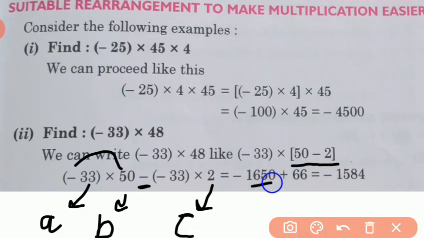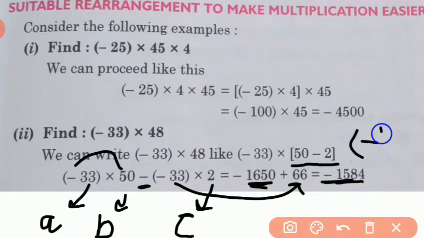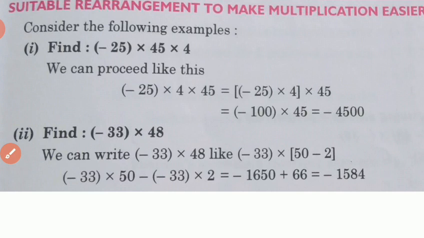So minus 33 into 50 is minus 1650, and minus 33 into 2 is minus 66, and here two signs are given, minus into minus will add. So if we subtract 66 from 1650, we will get the answer 1584, and the sign will be minus as 1650 is a bigger number.